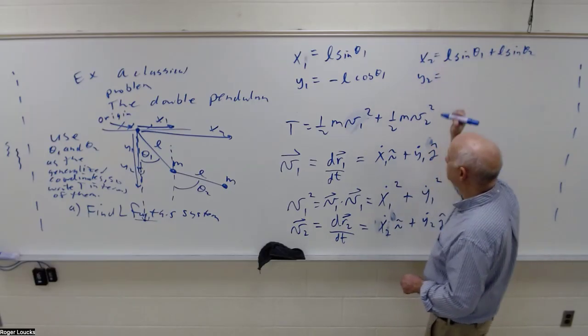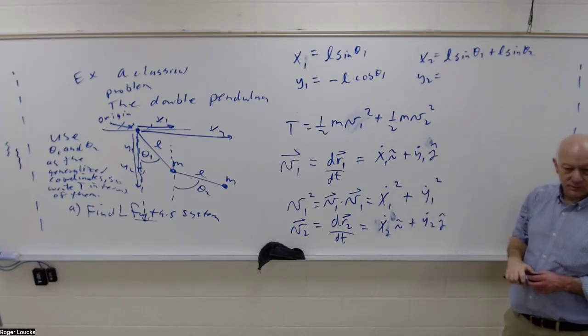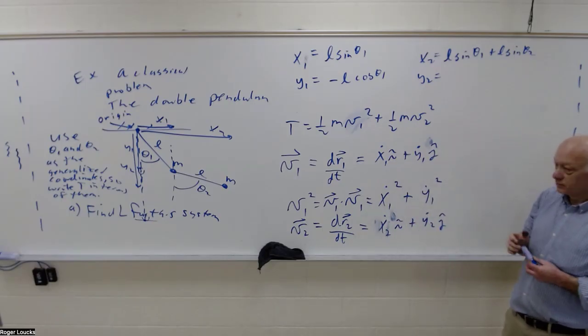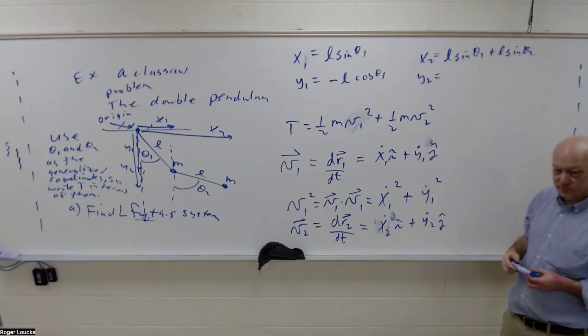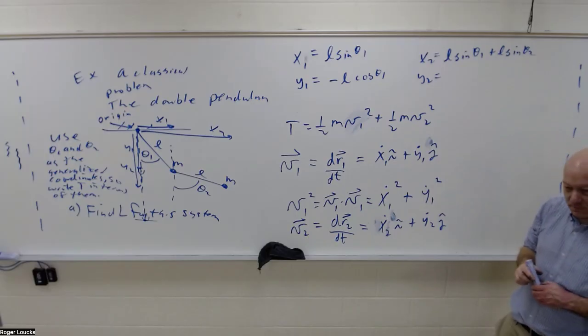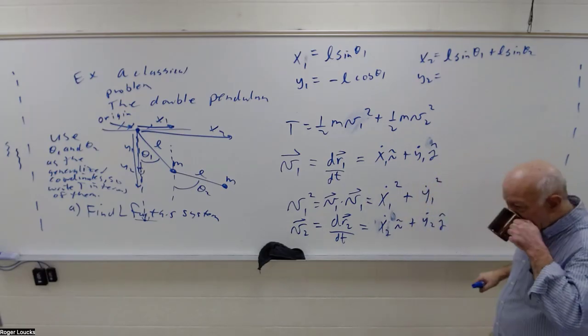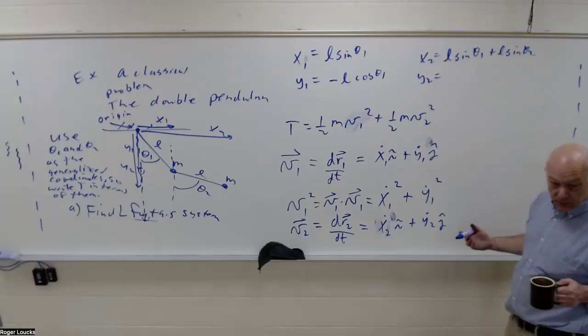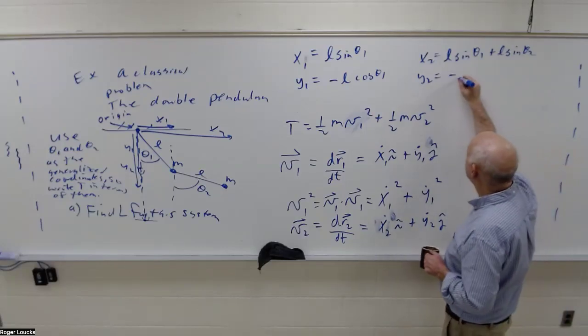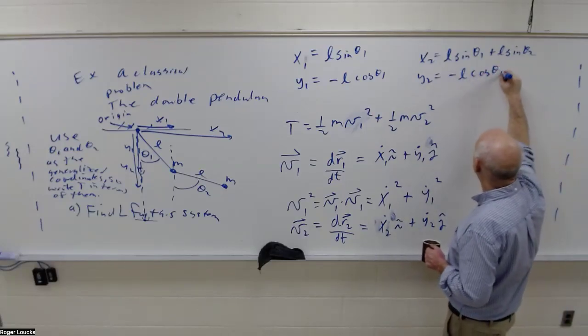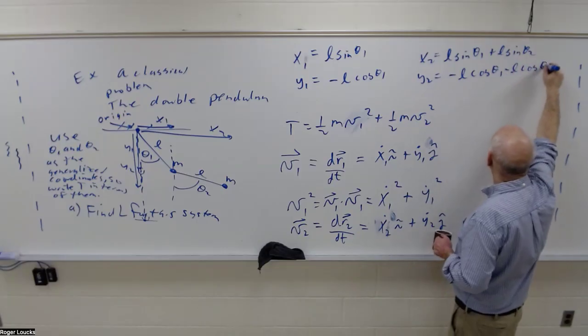What is y2? Now, with the cosines, it's minus L cosine theta 1 minus L cosine theta 2.